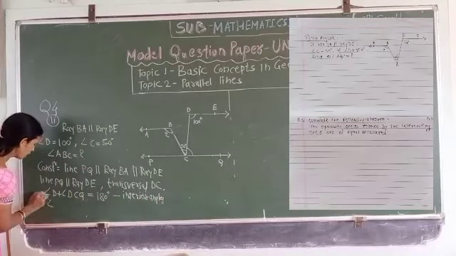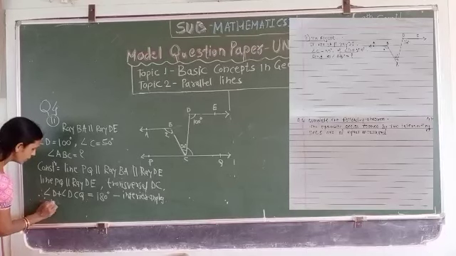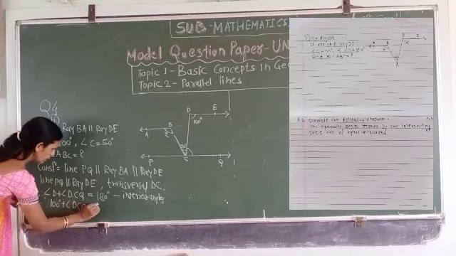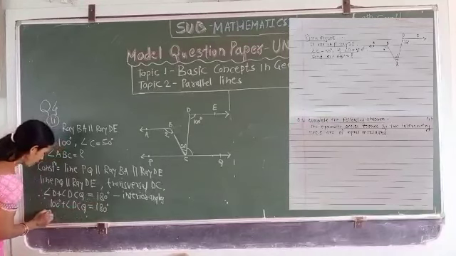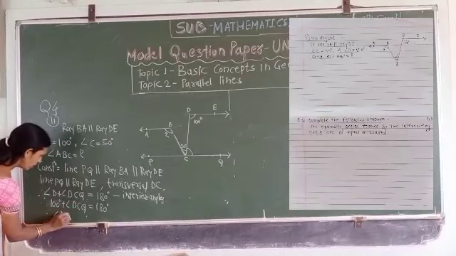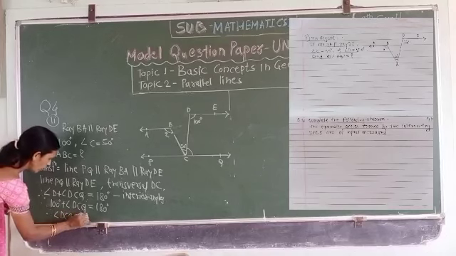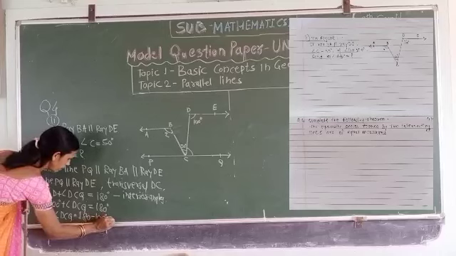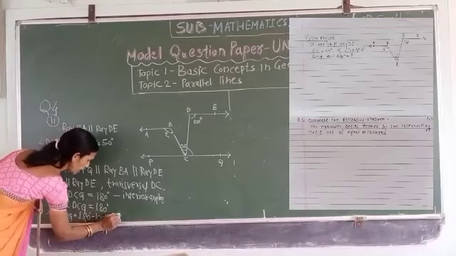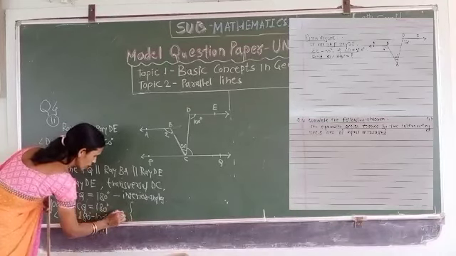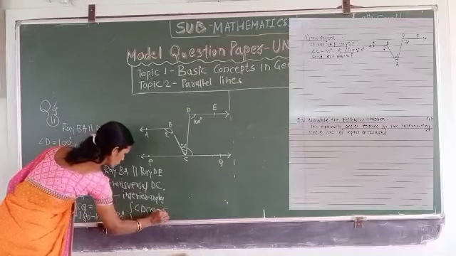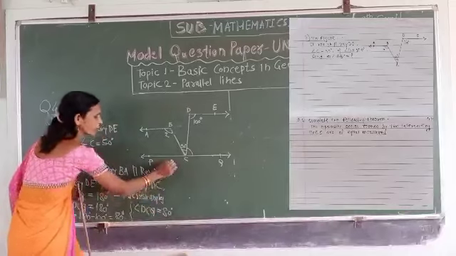Therefore, here angle D, which is given as 100 degree, plus angle DCQ is equal to 180 degree, and therefore angle DCQ is equal to 180 degree minus 100 degree, which is equal to 80 degree. Therefore, angle DCQ is equal to 80 degree.